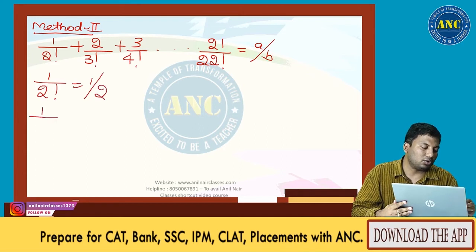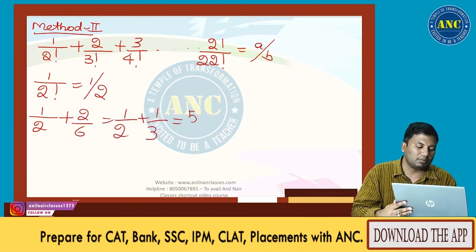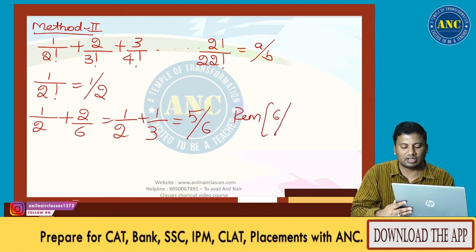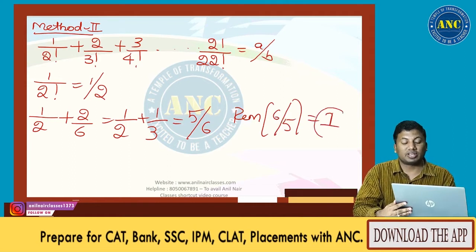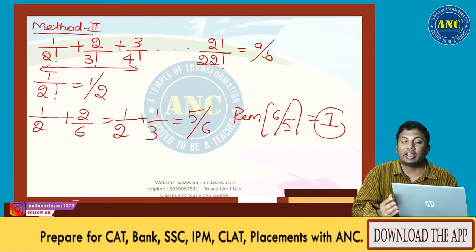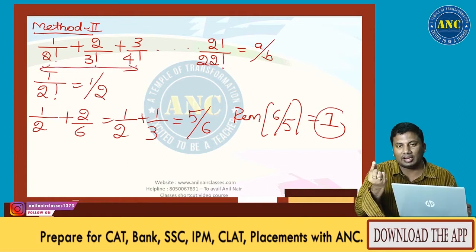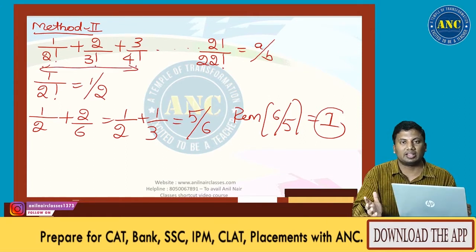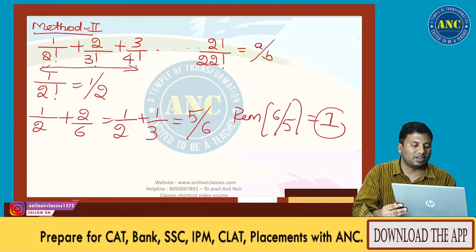Take two terms, 1 by 2 plus 2 by 6, which is nothing but 1 by 2 plus 1 by 3, which is nothing but 5 by 6. If 6 is divided by 5, what is the remainder? 1. So, from second term onwards, if you take first, second and third, again you will get denominator is just 1 unit greater than the numerator. So, answer is always 1.